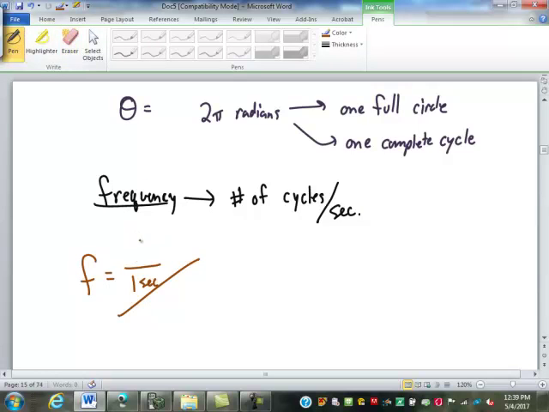The angles, the degrees are radians, in this case radians is what we would normally use, per second divided by 2 pi, because 2 pi is the 1 cycle. So the angle that is rotated in a single second divided by 2 pi is how many full rotations or how many full cycles.